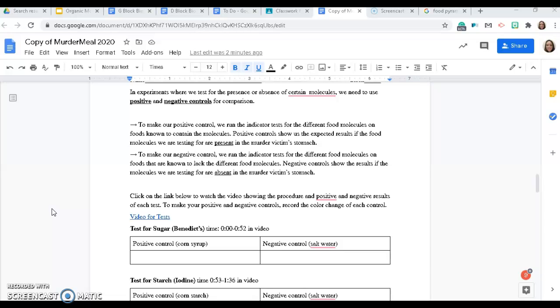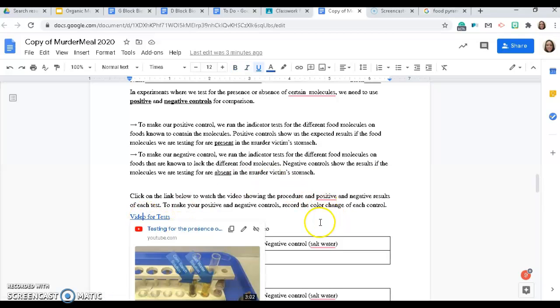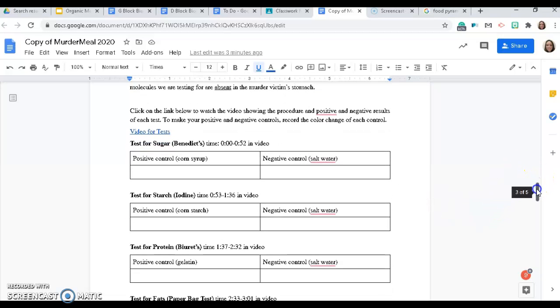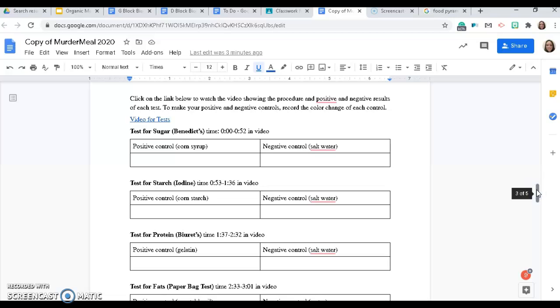So in order to see the positive and negative results for each test and make your positive and negative controls, you're going to click on this link for the video. And what you're going to do is watch the procedure for each test, and record the color change for each control.